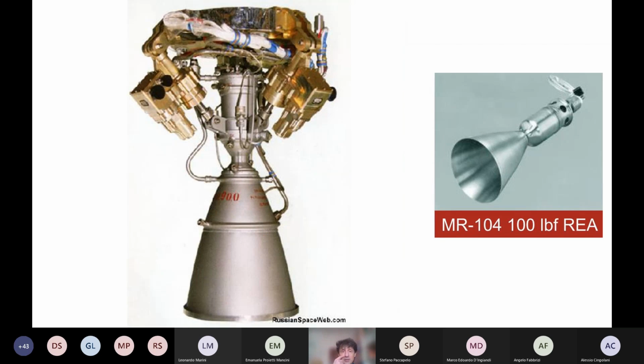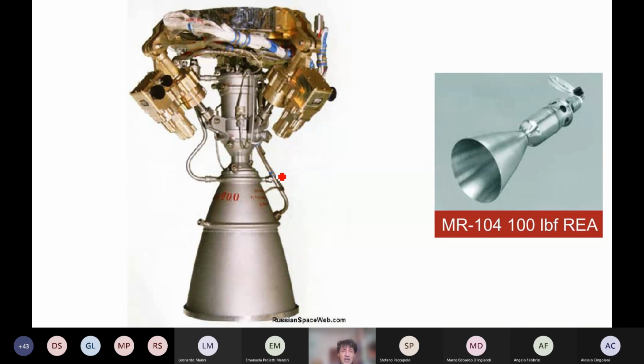And then you see now some images of vacuum engines where you can clearly see not only the bell shape, but also the high area ratio that we are achieving.